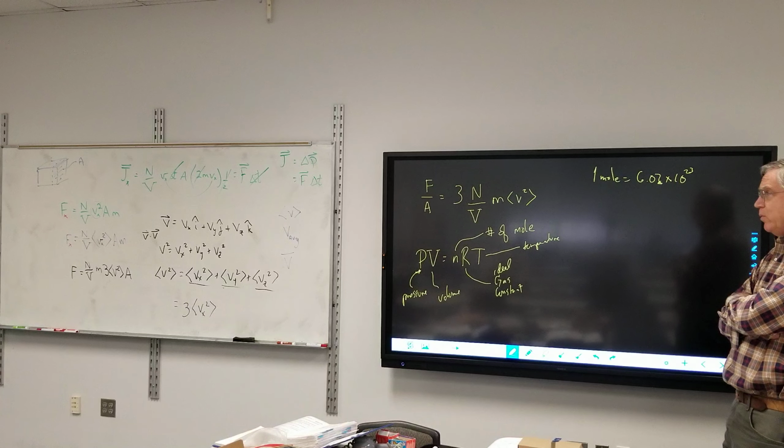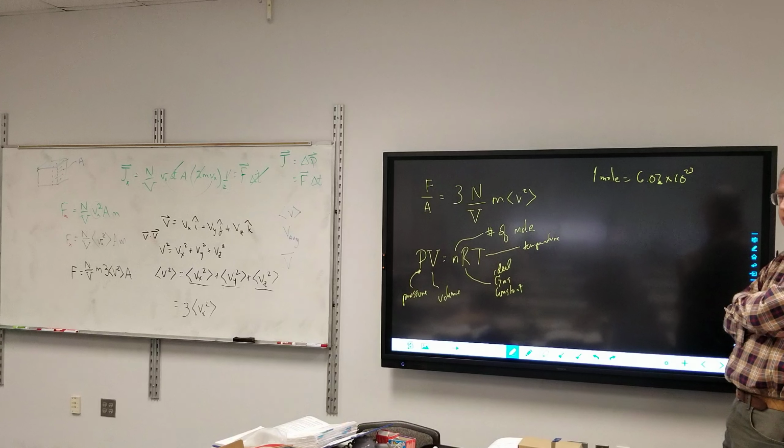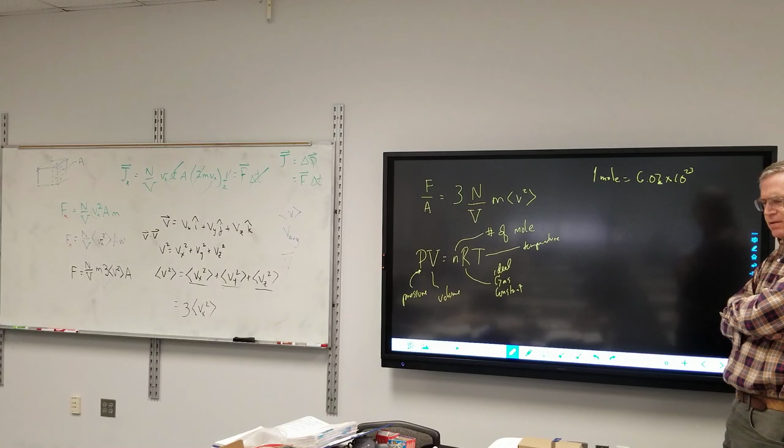They will interact with the wall, but they do not interact with each other, and they have no size. If you throw in a little bit of reality, then you can get into the van der Waals equation, which brings in the fact of size, and maybe the fact that they interact. I can't remember that part.